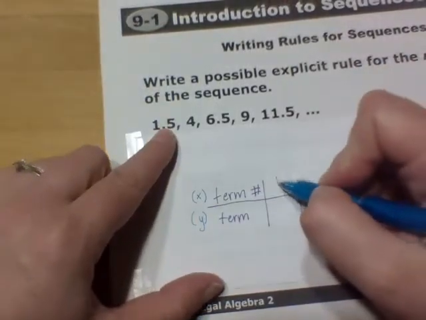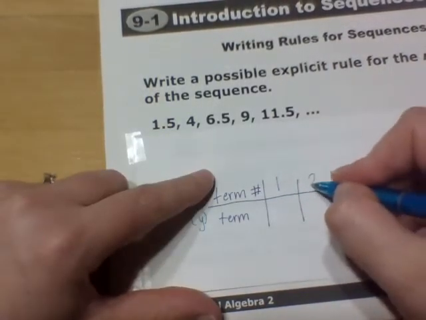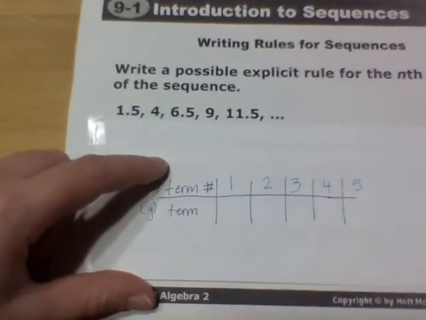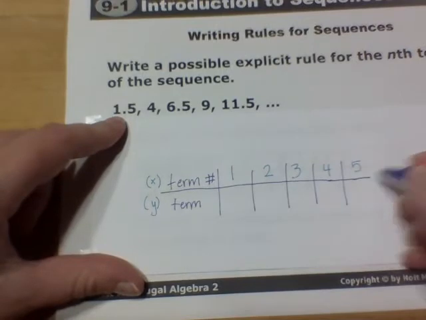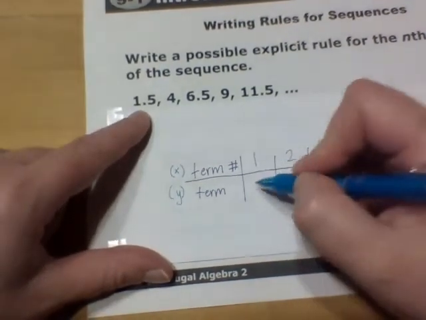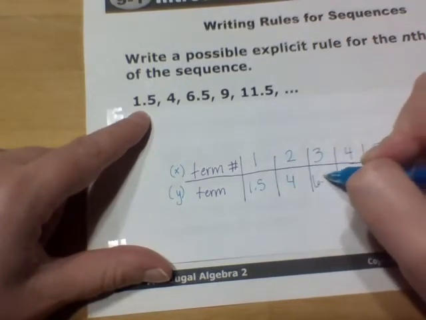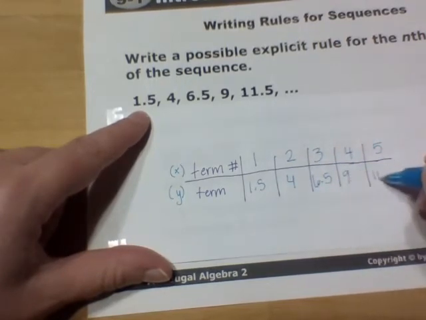And the x's again start at 1 because of the first term. We don't have a 0th term. And then we have 5 options. The first term is 1.5, then it jumps to 4, then 6.5, then 9, and then 11.5.